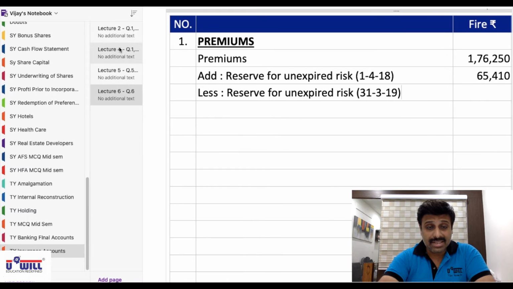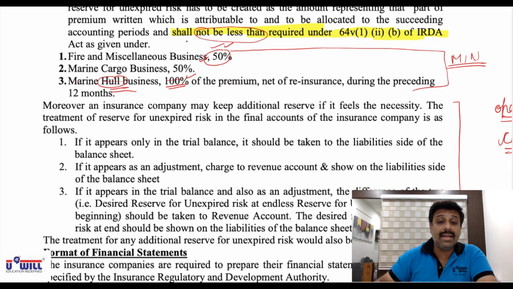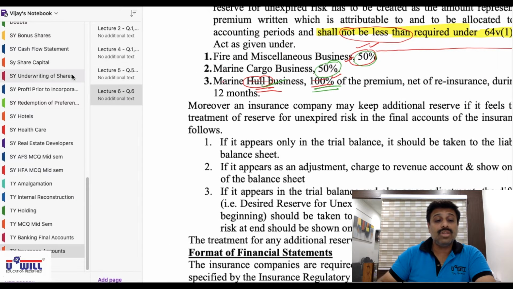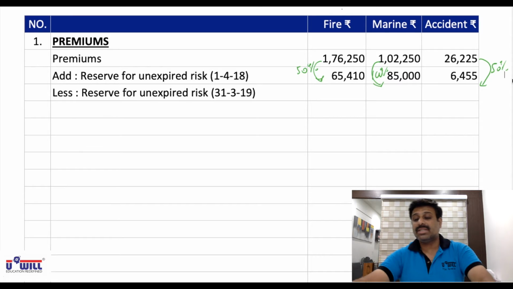For Marine hull business we have to create 100%, and for all other businesses 50%. In this question nothing is mentioned, so we assume it's Marine hull business. So here we keep 100% provision of reserve for unexpired risk for Marine, and 50% elsewhere. Fire and accident will have 50% reserve, but Marine will have 100%.